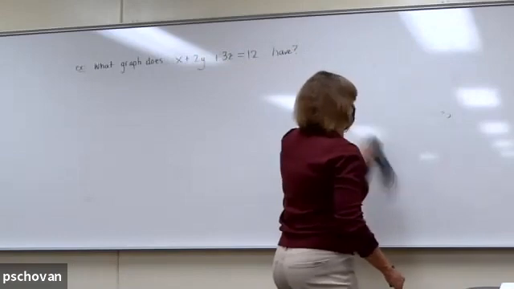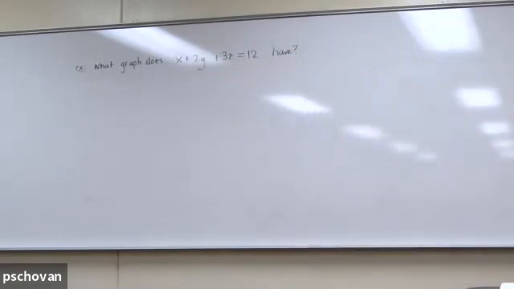What do you think that looks like? Like a wall. That's called a plane. It's a plane in 3 dimensions. A first degree equation in 2 dimensions is a line. In 3 dimensions, it's a plane.